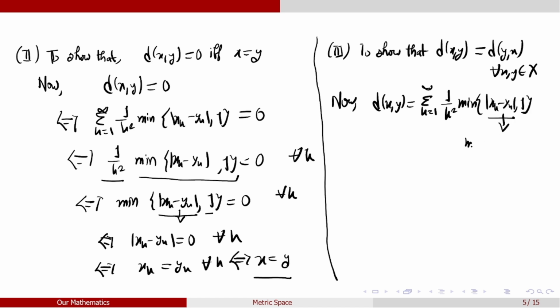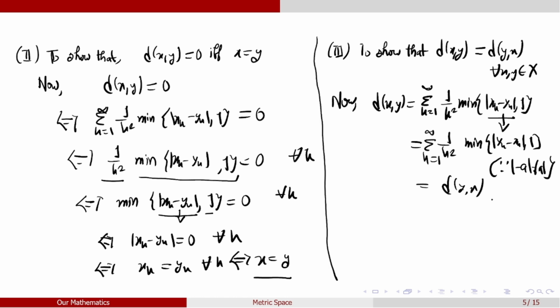Now |xk minus yk| can be written as |yk minus xk|. This is because |minus a| is equal to |a|. So this is equal to summation k is equal to 1 to infinity 1 by k square minimum of |yk minus xk|, 1, which is nothing but d of y comma x. That is d of x comma y is equal to d of y comma x for all x, y.